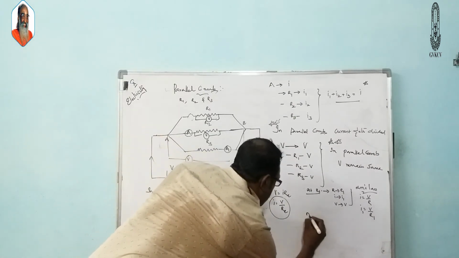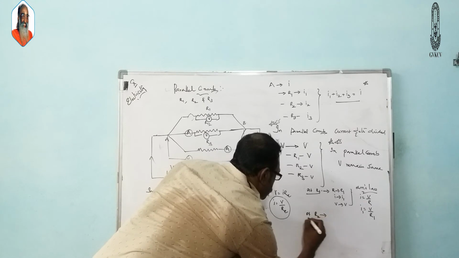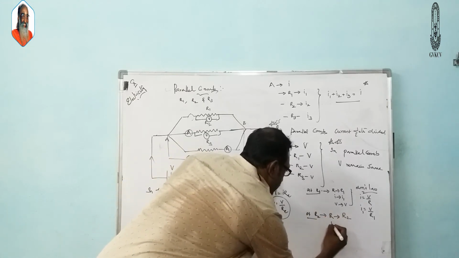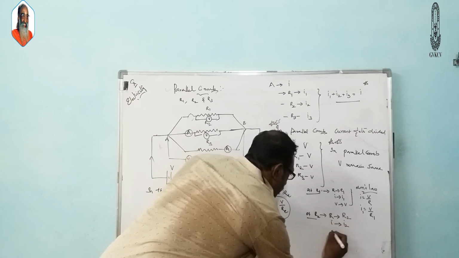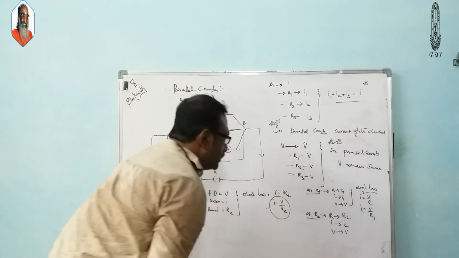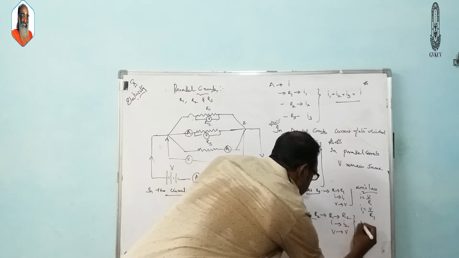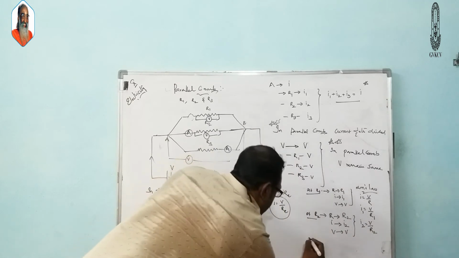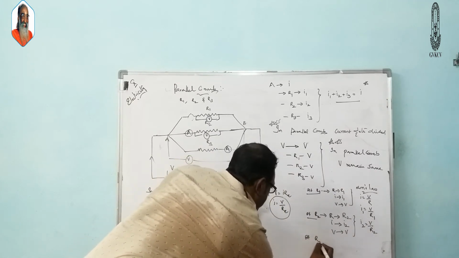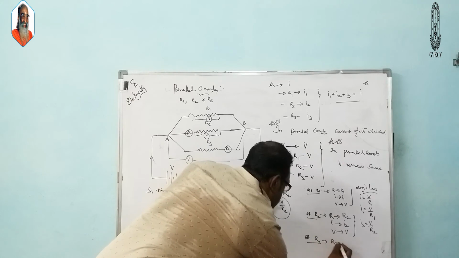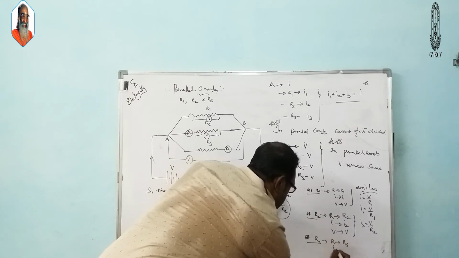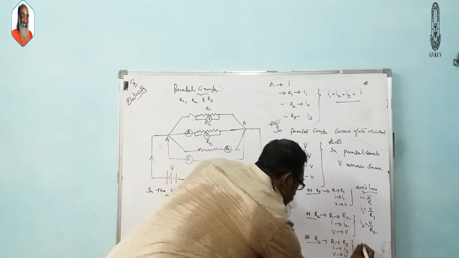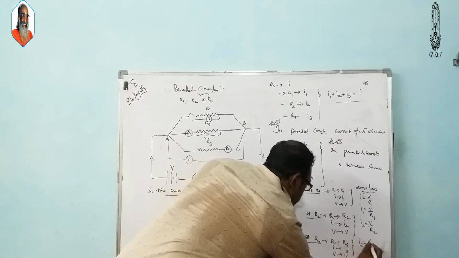At R2, the resistance is R2, the current is I2, and the voltage is V, so I2 is equal to V by R2. At R3, R is R3, the current is I3, and V is V itself, so I3 is equal to V by R3.